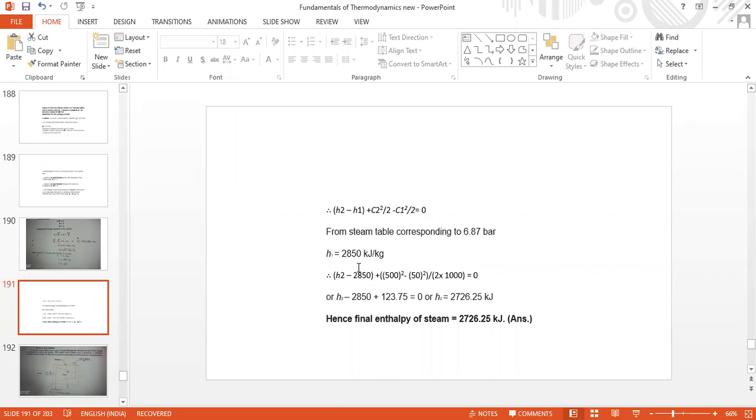When pressure and temperature are both given, we have to realize that the steam is in superheat conditions. Only for superheat steam, both pressure and temperature will be given. If it is saturated steam, only pressure or temperature will be given. And of course, some other parameter will be given, but not both temperature and pressure for the saturated steam case.